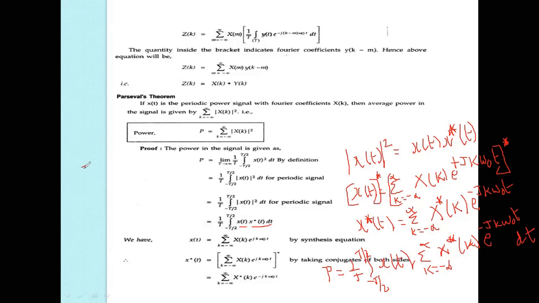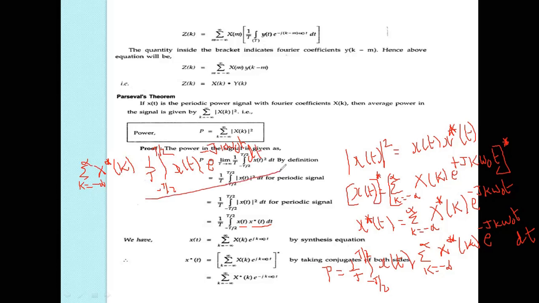So separate the sum: sum of k equal to minus infinity to infinity, x star of k, and another function we have, 1 by T, the integral from minus T by 2 to T by 2, x of t and the negative exponential e power minus jk omega naught t dt.